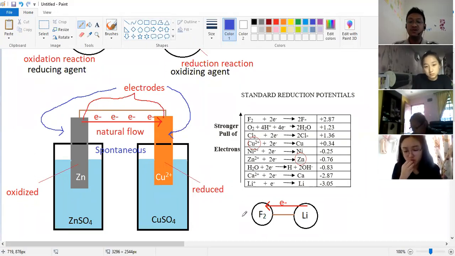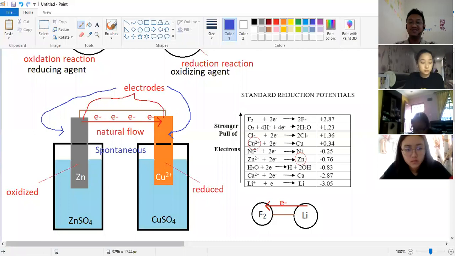So in our line group, please type what electrode is where oxidation happens. Okay, we have a correct answer from Jevent. We call it anode. All right, that is correct.